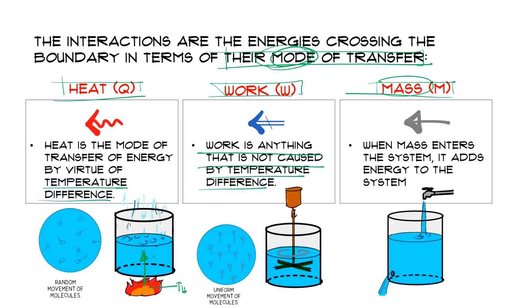Or we say that if it is not heat, then most likely it is work, if of course it is not through the mass of the system. So again, if it's not heat, then most likely it's going to be work.